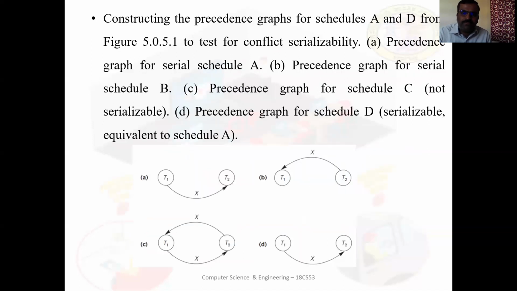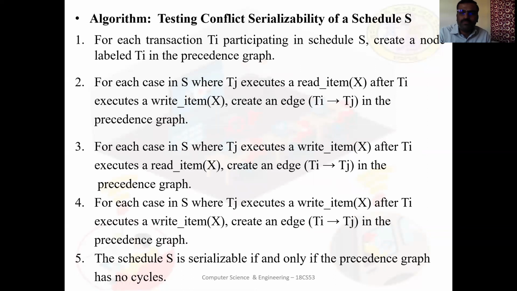For example, a cycle is an edge from Tj to Tk, and the next edge from Tk to Tj, meaning the starting node and ending node are the same.